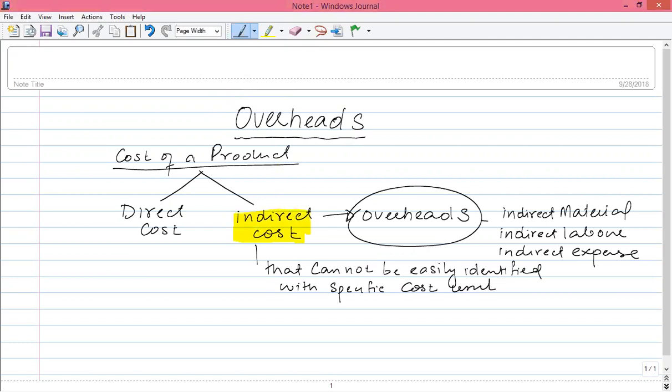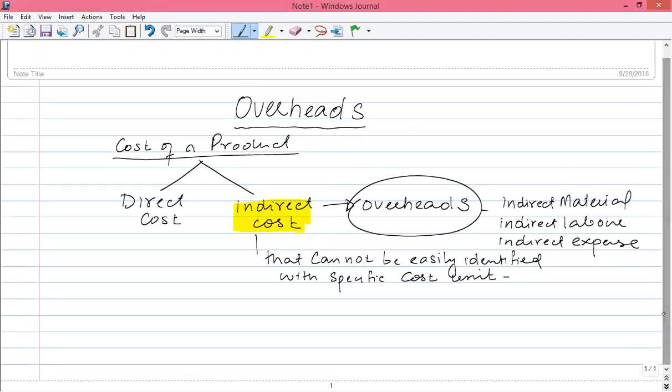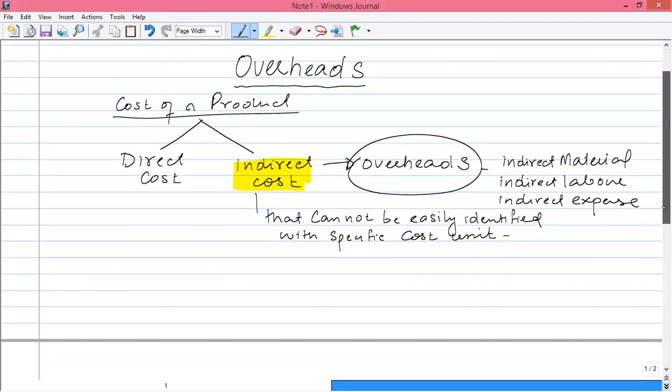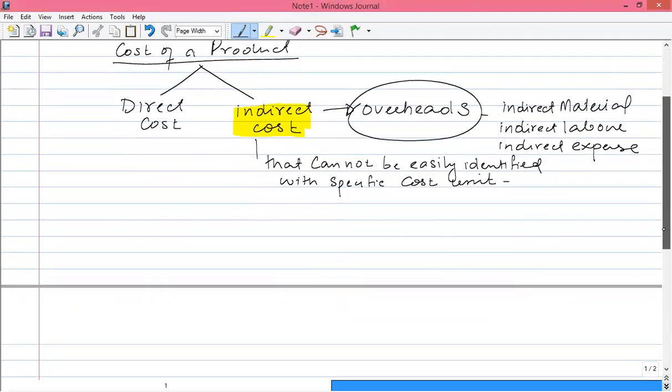So it's difficult to identify the overhead cost with a cost unit. So we need to know the process through which we can incorporate overhead cost into the product cost.